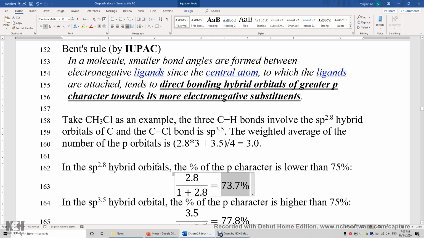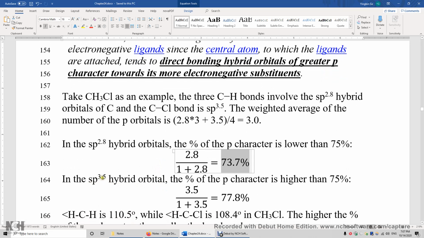It's lower than 75% in sp3. Now in the sp3.5 hybrid orbital, the percentage of the p character is 3.5 divided by 1 plus 3.5. So it's 77.8%, and this number is greater than 75%.